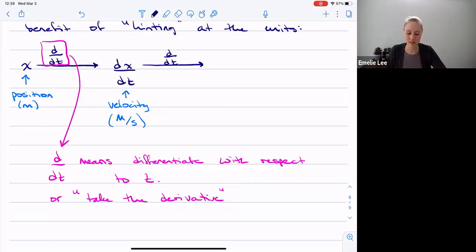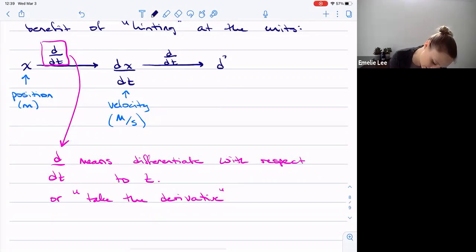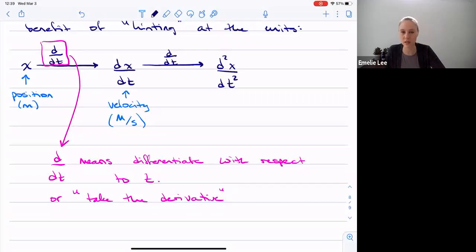Where do you end up? So here, this becomes the first derivative, and then you take the second derivative essentially, and you end up at d squared x over dt squared. Weird, right? I know it doesn't really make sense, but in my mind, I kind of multiply the d's and then the t's get multiplied, but this is just the notation for the second derivative.